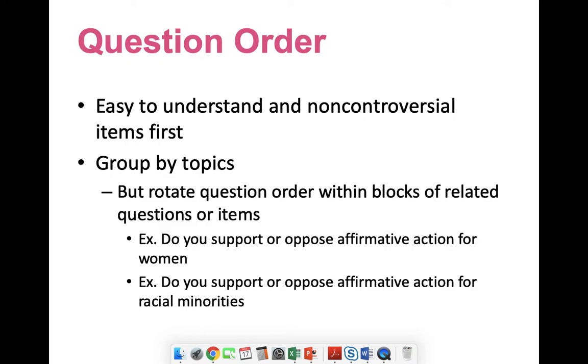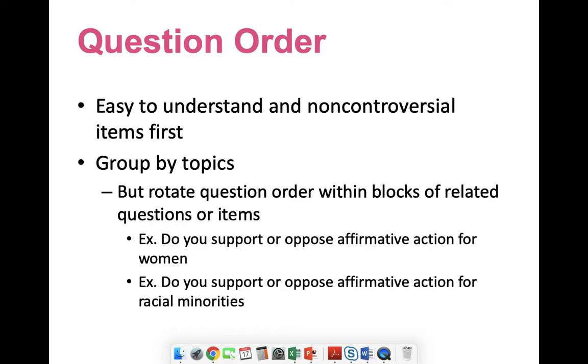Presumably, this is all about consistency. If most white people support affirmative action for women, and so support that policy, then it would be very inconsistent to then not support affirmative action for racial minorities.